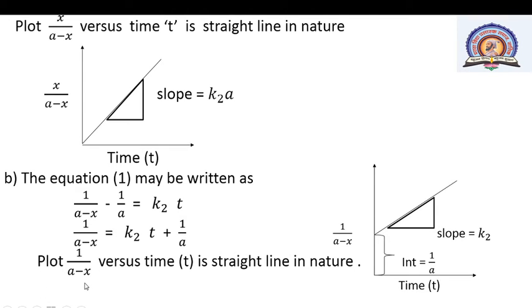Now this equation is similar to y is equal to mx plus c. Again plot the graph: 1 upon (a minus x) versus time t. The nature of the graph is a straight line, that is on the x-axis time t and on the y-axis 1 upon (a minus x), this is concentrations.